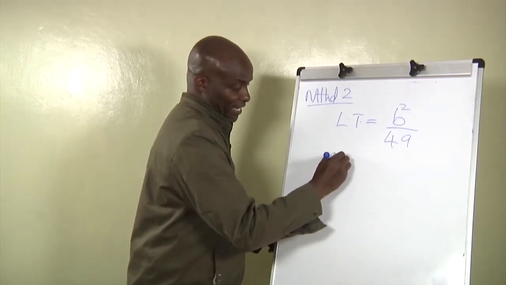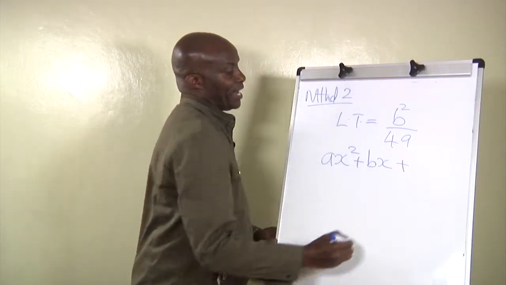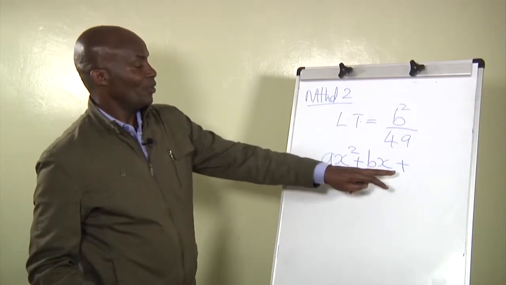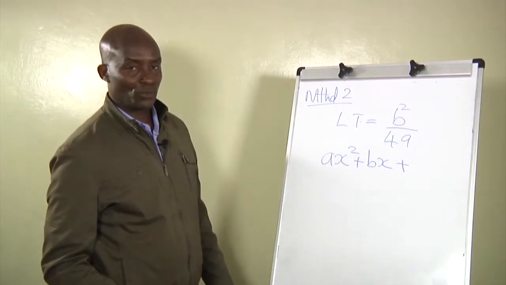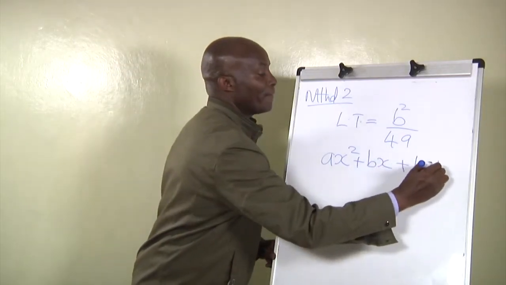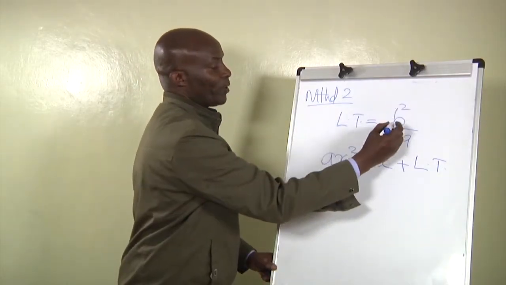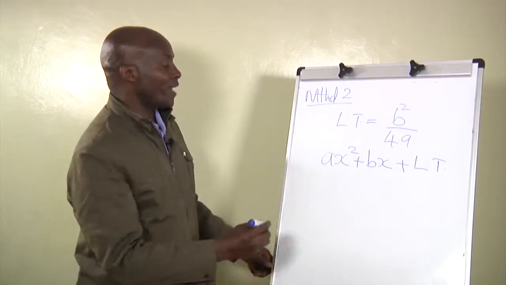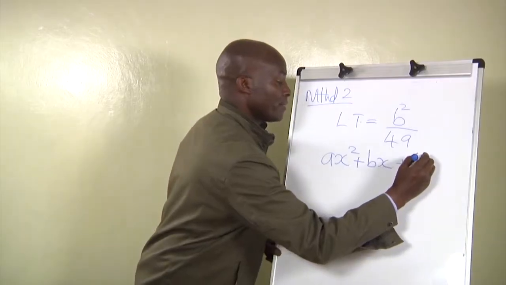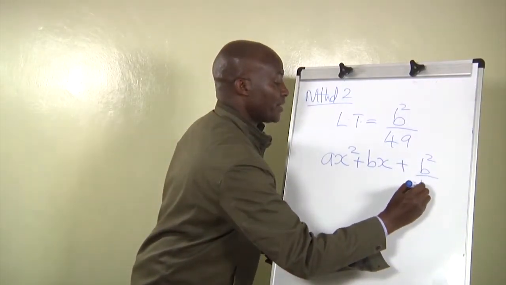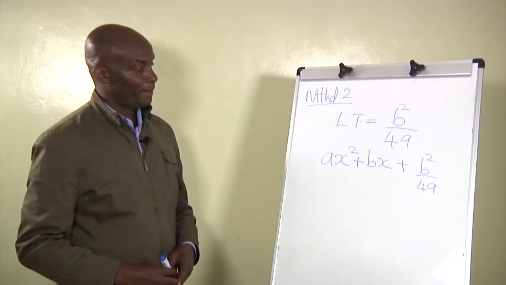It is ax squared plus bx. So we have a and b. We need to find what to add to this in order to make it a perfect square. And we are saying that the last term that we need to add to make it a perfect square is b squared over 4a. So that it now becomes ax squared plus bx plus b squared over 4a.